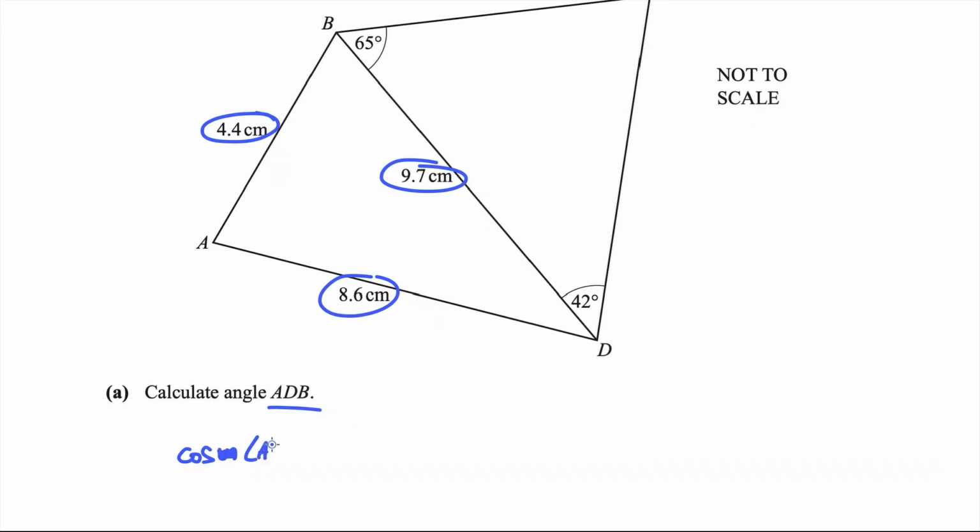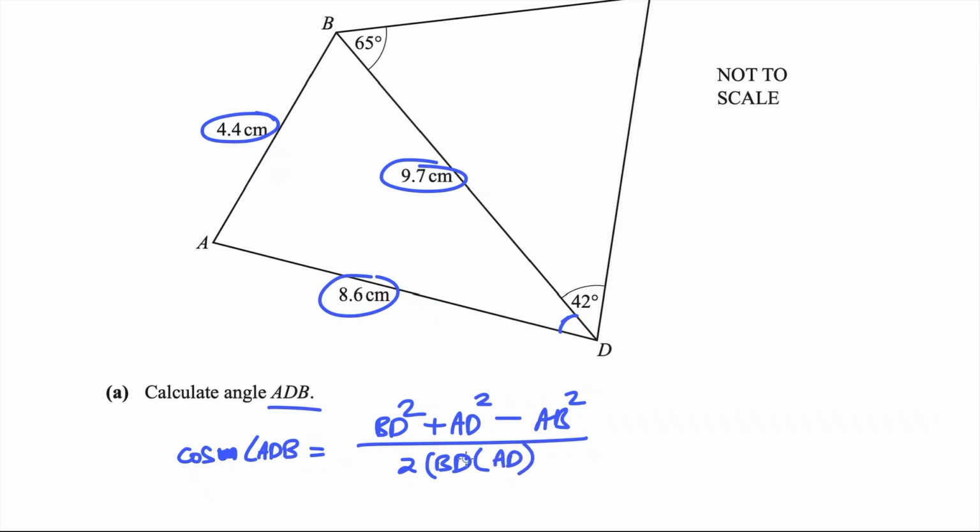And so what can I say? Cos of angle ADB will be equal to the two adjacent sides, BD square plus AD square, minus the opposite side square, divided by 2 into the adjacent sides, BD into AD.